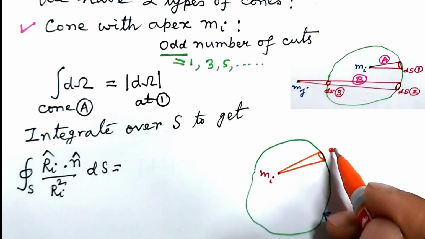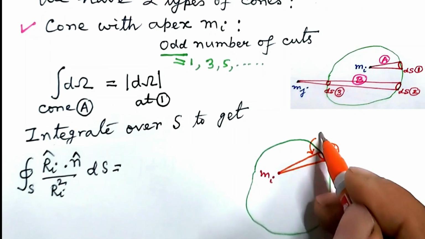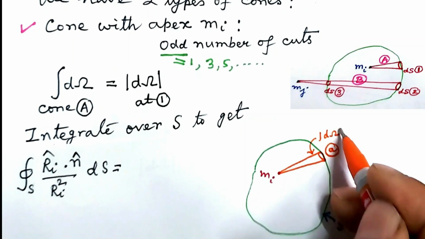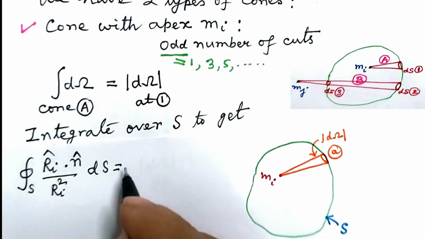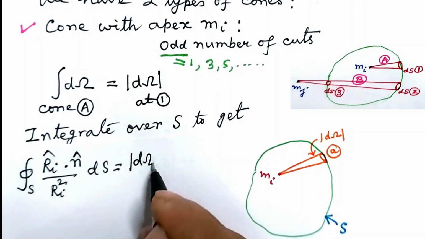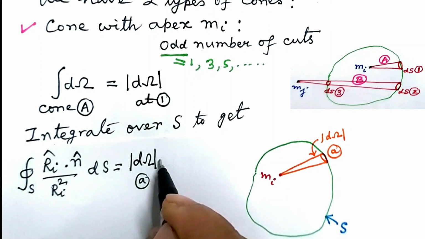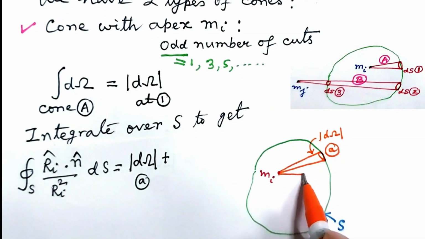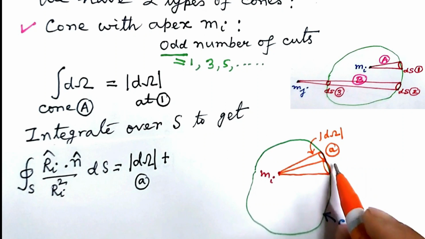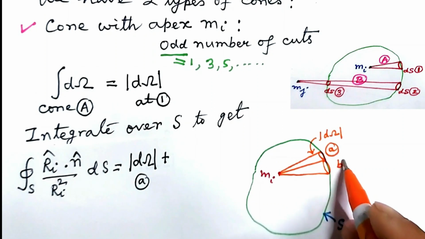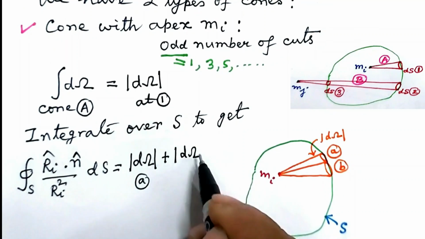Let us call it encircled small a, which contributes 1 mod d omega, the elemental solid angle due to ds, where theta is acute. Plus another cone emanating from mi, the base being another ds, call it encircled small b, that makes a similar contribution of mod d omega.